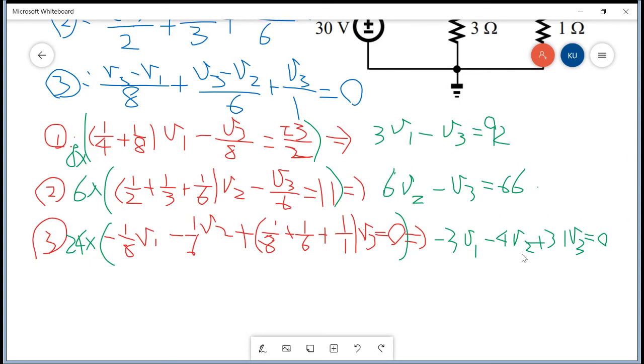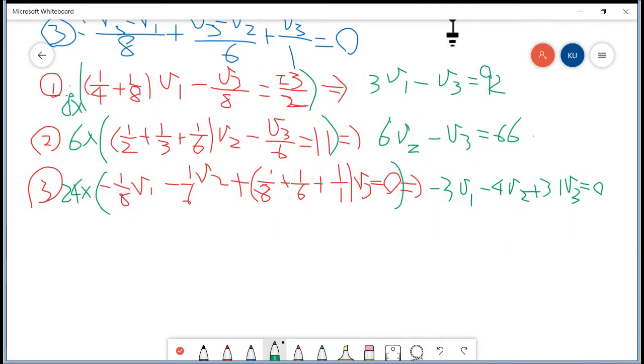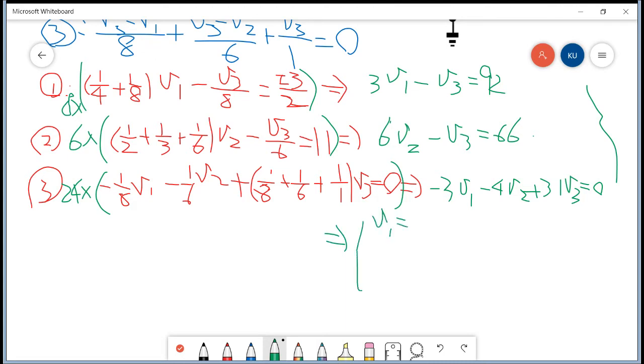And then these two equations can be substituted here, and we can eliminate V1 and V2, so only V3 remains, and we can solve that. V1 equals 32.21 volts, V2 equals 11.77 volts, and V3 equals 4.64 volts.